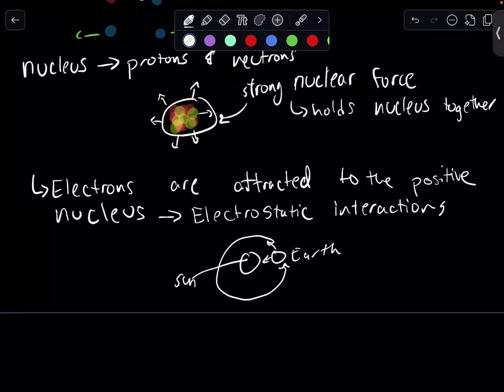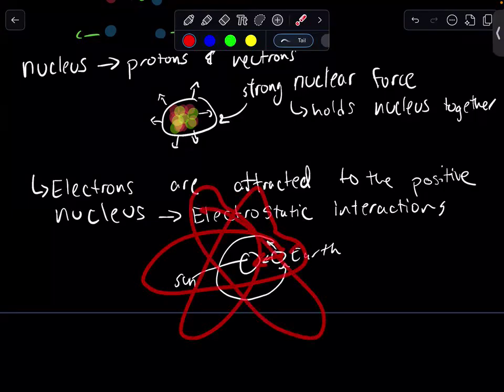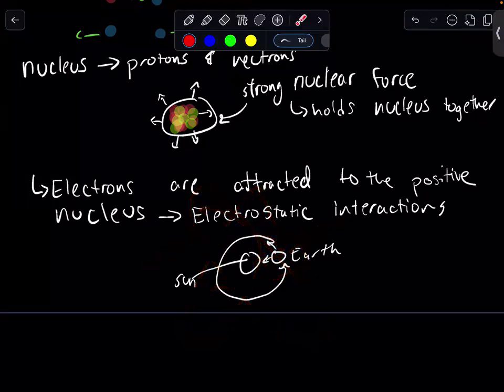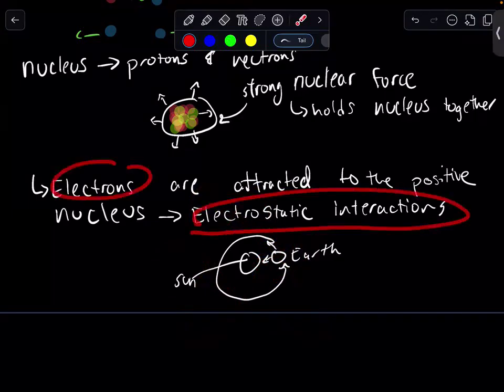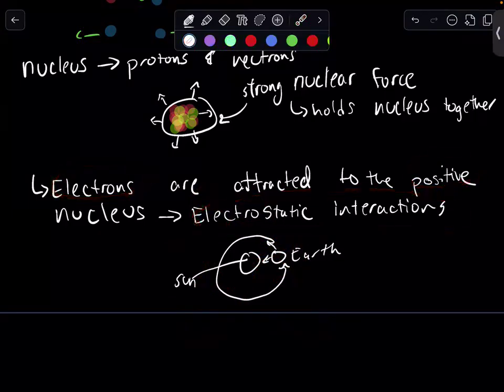Electrons feel kind of the same forces where they're attracted to the nucleus and they want to go in, but they have so much energy they go around in these weird patterns. And hey, look, we've drawn an atom, kind of. It's a bit more complicated, and by a bit, I mean a lot more complicated than that when we get into quantum mechanics, but we're not going to go that far. We just have to know that electrostatic interactions hold our negative electrons to the positive nucleus.